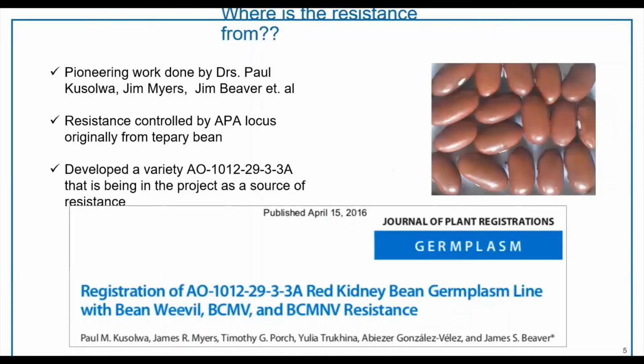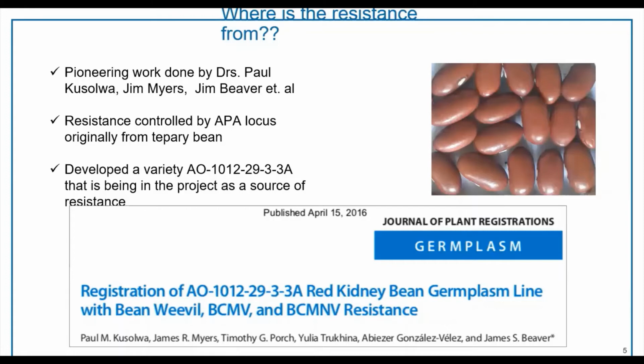So where does the resistance come from, this Bruchid resistance that we are working on? I need to give credit to the people who pioneered this work. The work was initially started by Dr. Paul Kusolwa, G. Myers, and Dr. Beaver, plus other researchers.